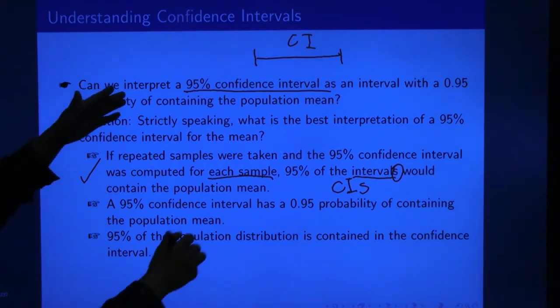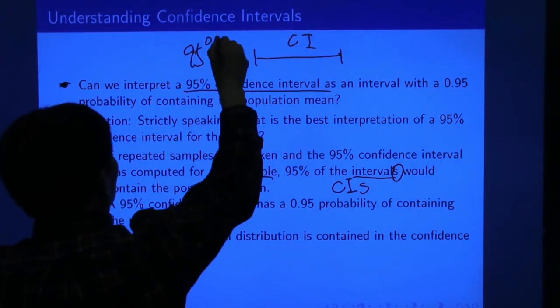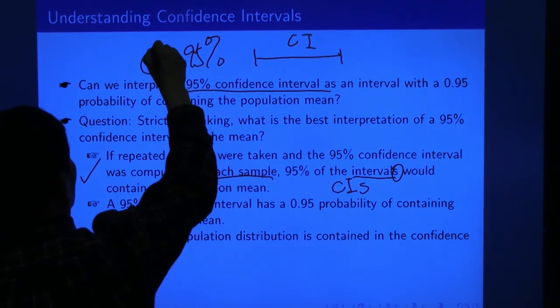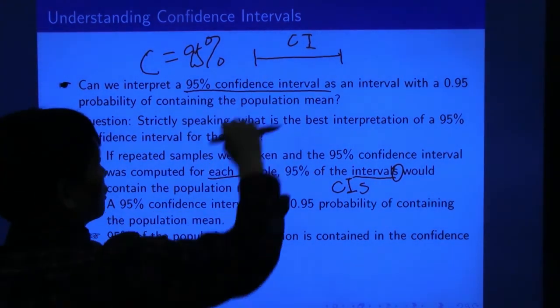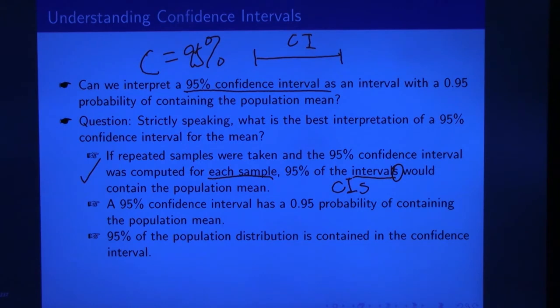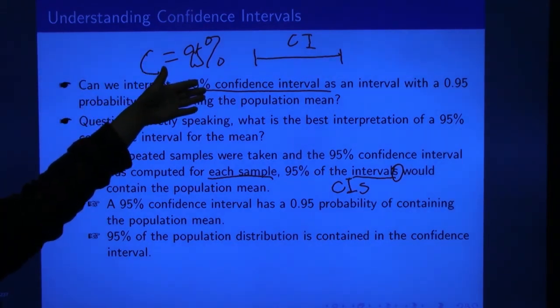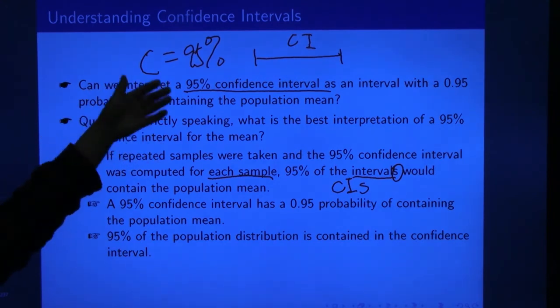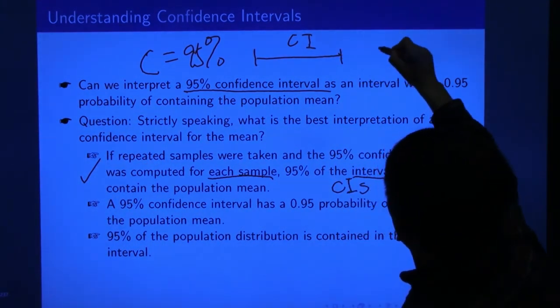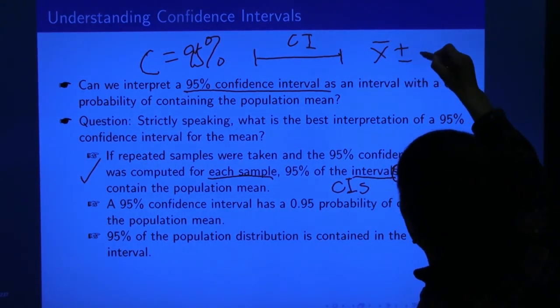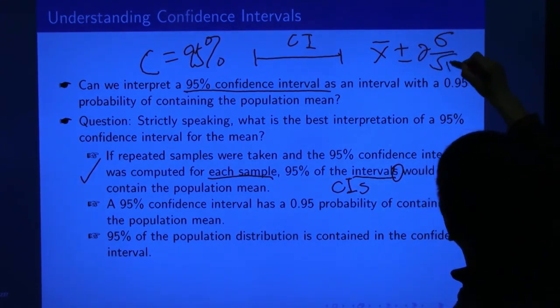We are given this 95% confidence interval. The correct interpretation is if we repeat samples a lot of times with the same method. What method? The same method is this one, calculated from this plus minus 2 standard deviation.